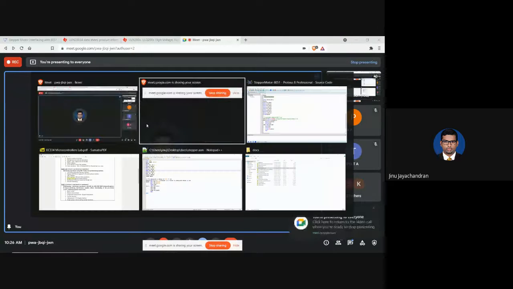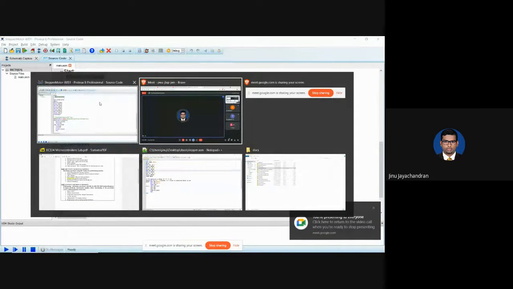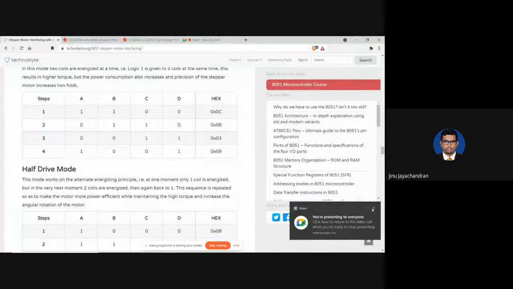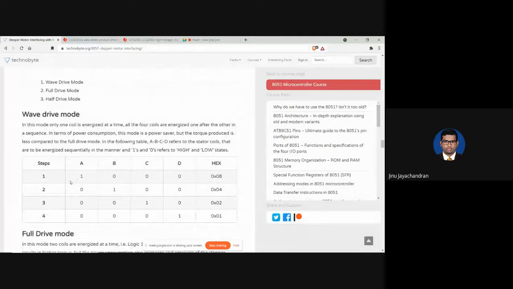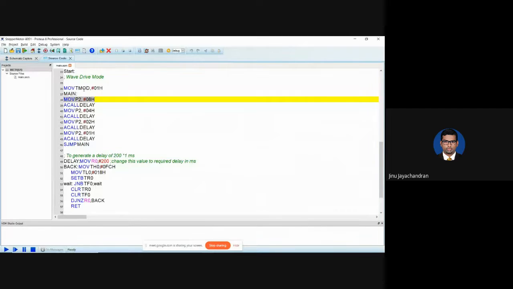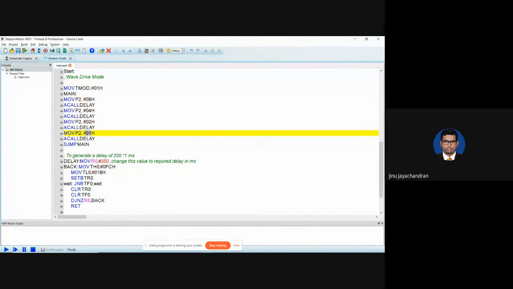Wave drive mode means that you need to pass some particular numbers. In this case, first you need to pass 0x08, then 0x04, then 0x02, then 0x01. So that's what is done here. You moved a value of 0x08 to P2, then 0x04 to P2, then 02 to P2, and 01 to P2.